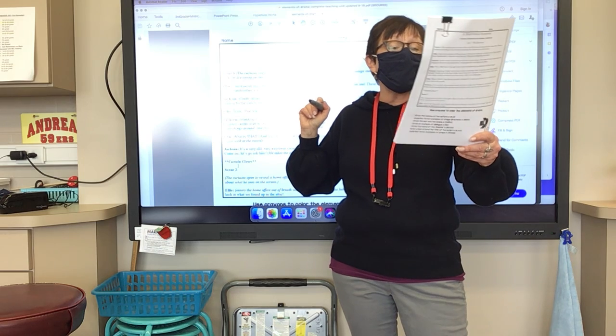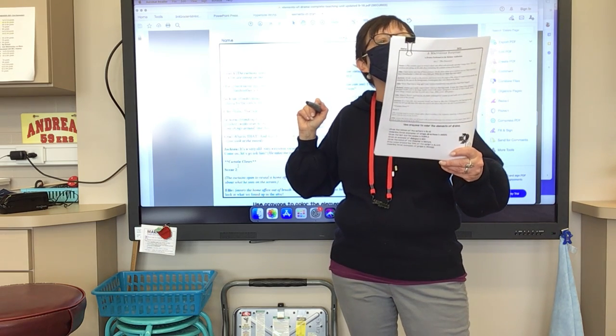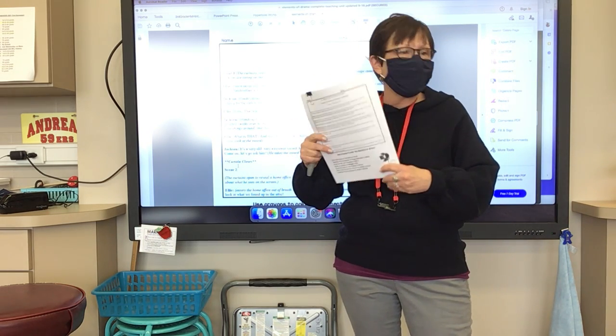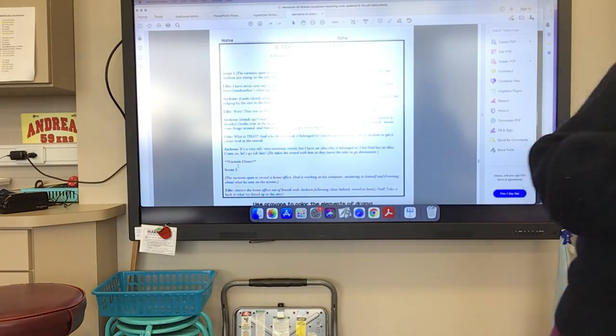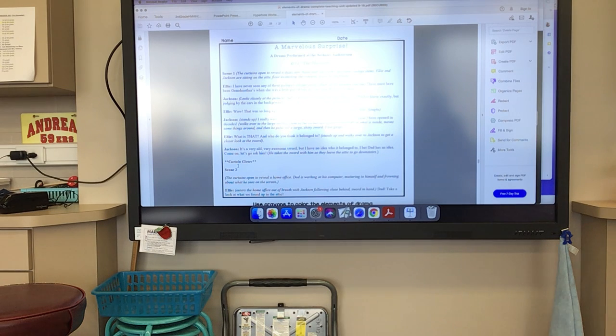Now, it says draw a box around the title of the script in black. Okay, this is supposed to be in brown. Draw a circle around Bethany Auditorium. There you go. Okay.